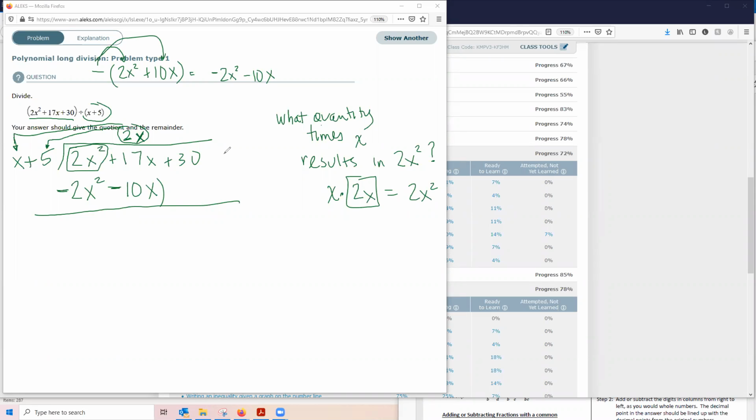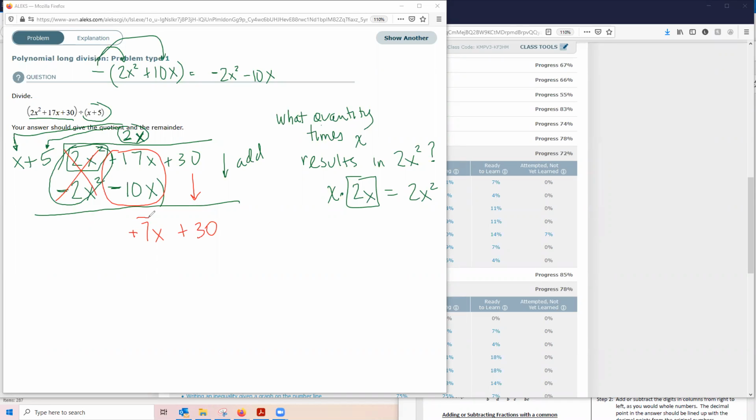Now I'm going to add straight down. Well, 2x squared and negative 2x squared, those cancel out. That's what I wanted to do in the first place. Then I have a 17x minus 10x. That's 7x. And I'm going to copy this 30 down with me. Now I do the same process.